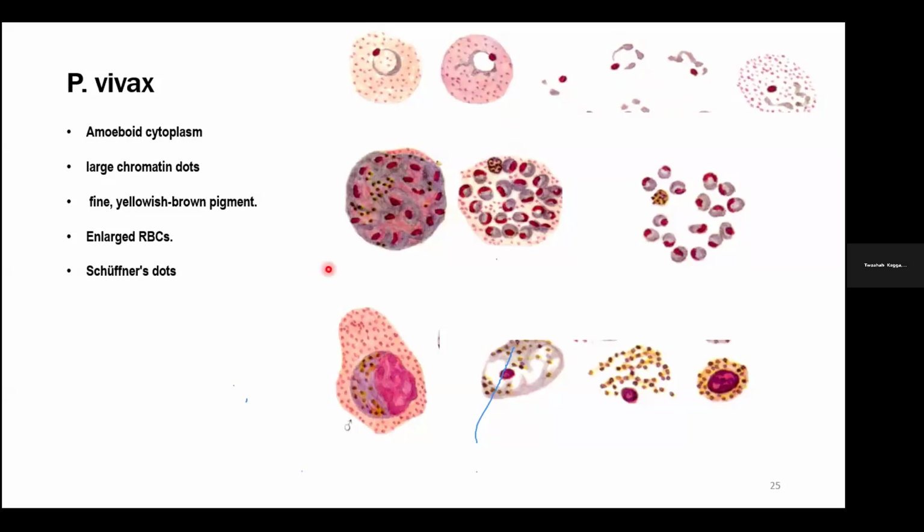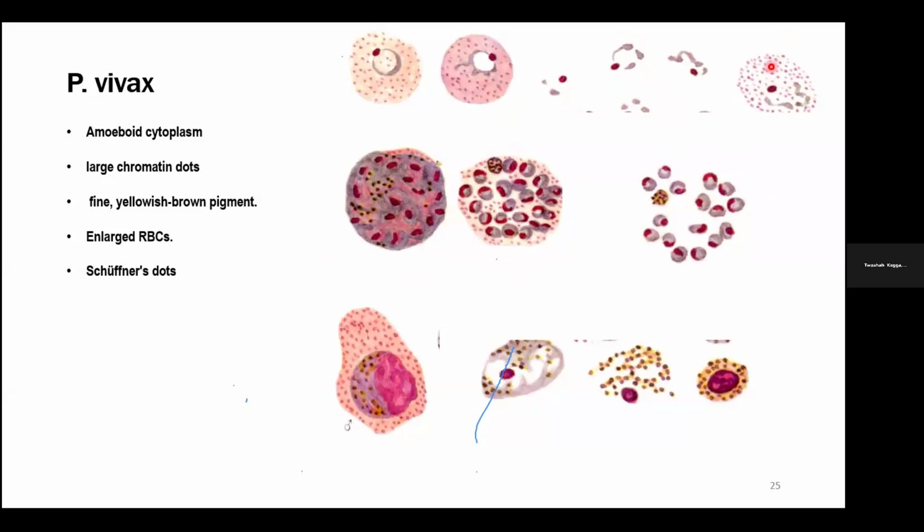Then for the schizonts, the merozoites are numerous, up to 28, up to 30. Even in a thick film, as I told you, you will realize they are bigger. That is what is different from P. falciparum. There is a heap, I would say a heap, of merozoites.